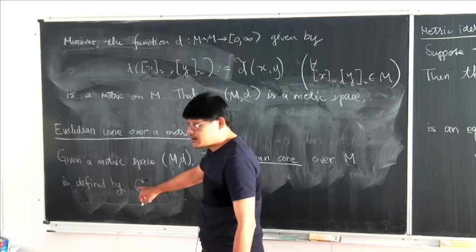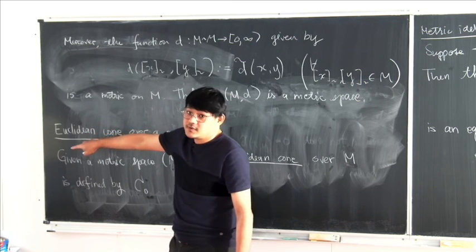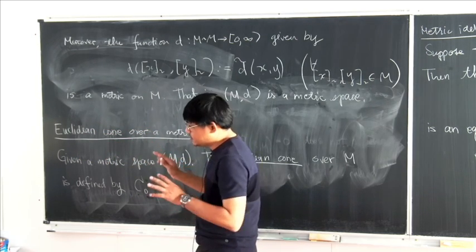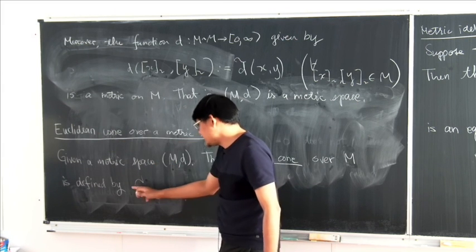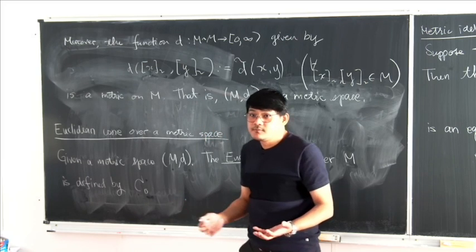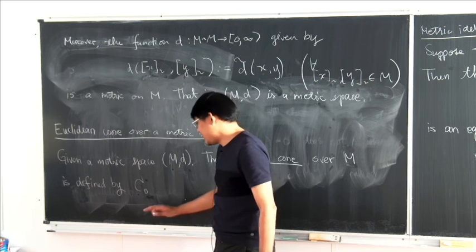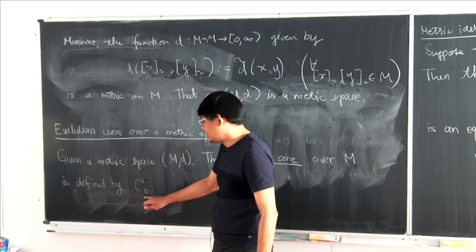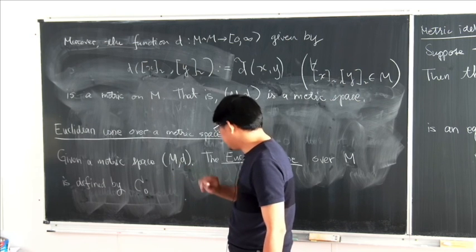So C here is a cone, and 0 here denotes the Euclidean case. Euclidean means you have 0 curvature. So C0 here is the Euclidean cone. Actually, you can take C kappa, which is the kappa cone. We don't use that here. So I will just restrict ourselves to the case of C0, the Euclidean cone.